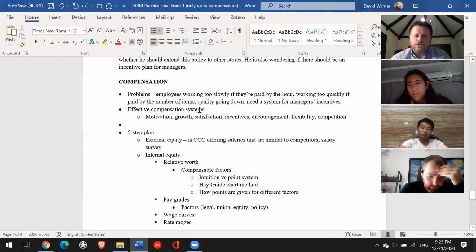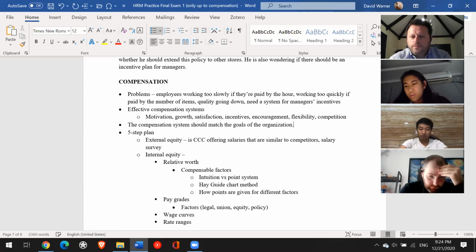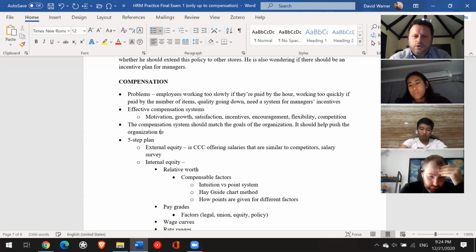This goes with effective compensation systems. The compensation system should match the goals of the organization. It should help push the organization towards its goals.